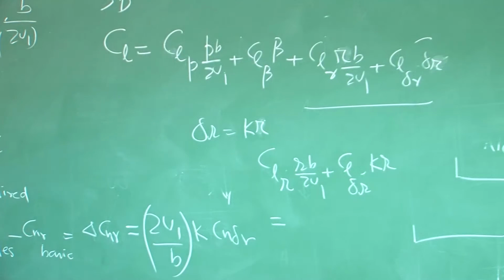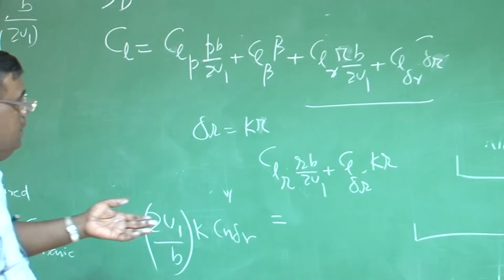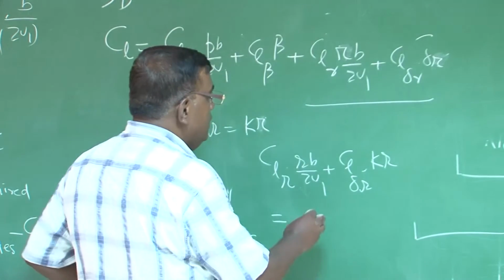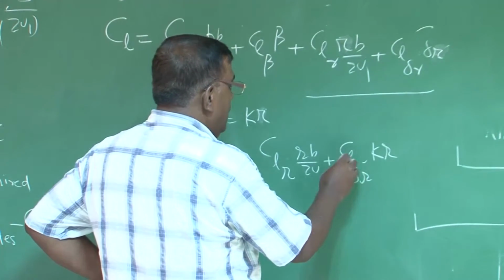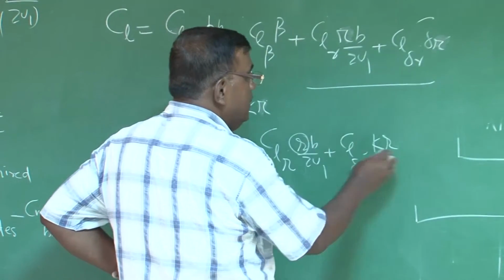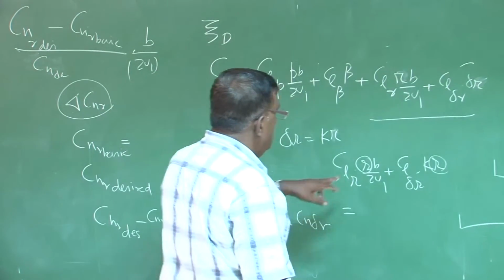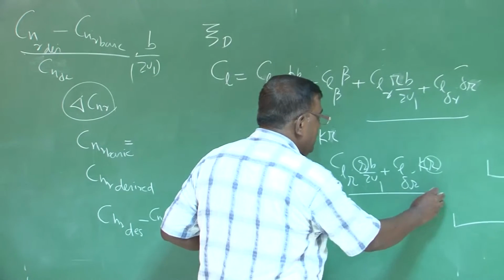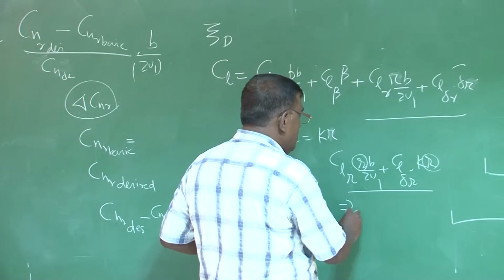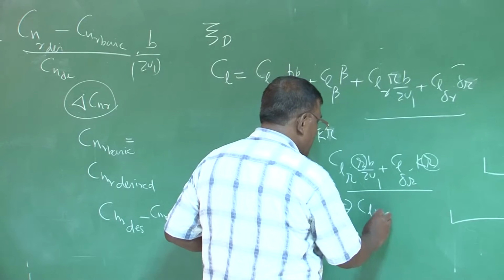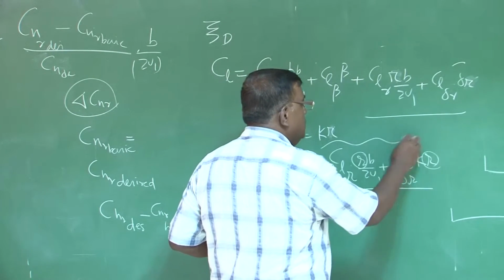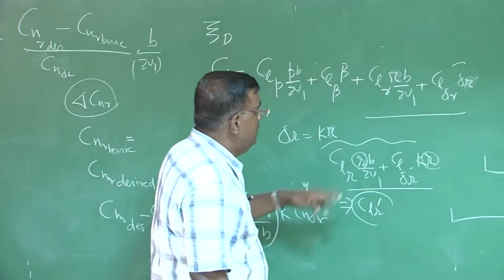You see what is happening now? This R is lying here, here R is lying here. So now this CLR, effective CLR is getting modified, okay? So this CLR prime will be the sum of these two, and appropriately you take b by 2u1.